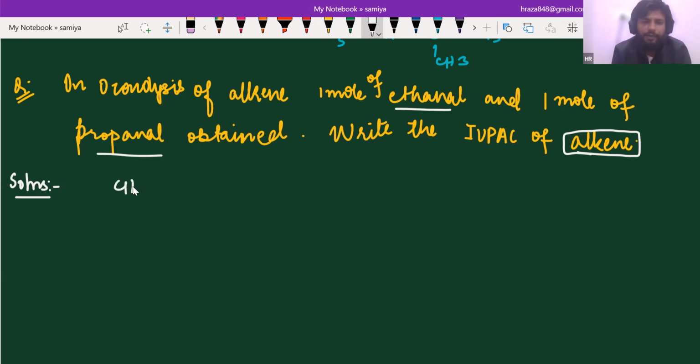Write the structure of ethanal, you know that this is your ethanal, and you also know the structure of propanal. This is your propanal.